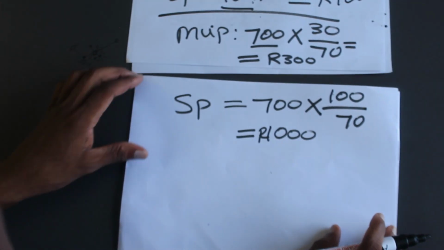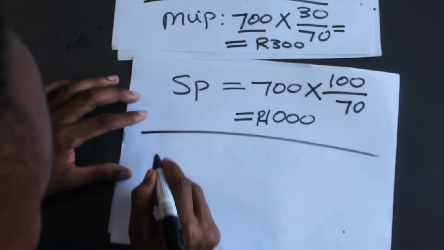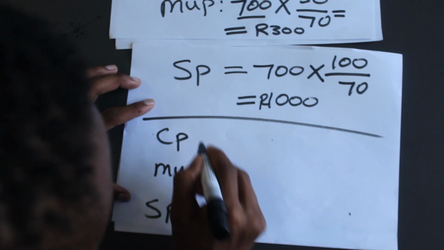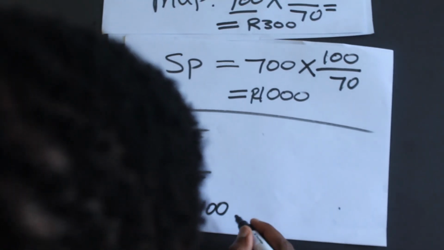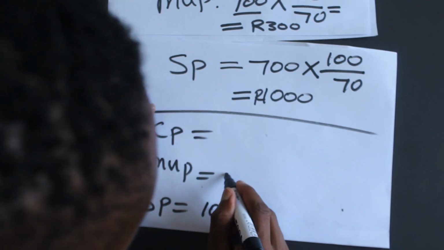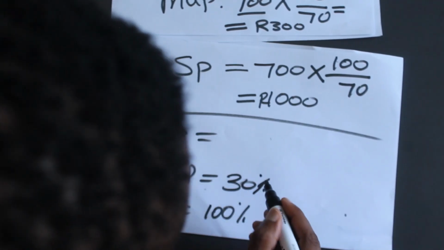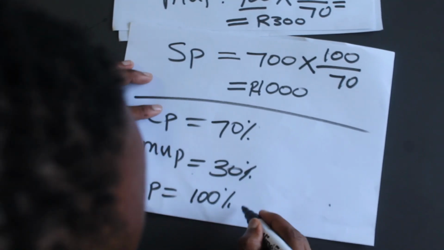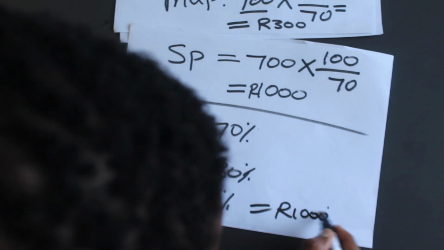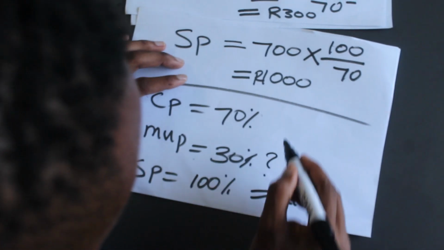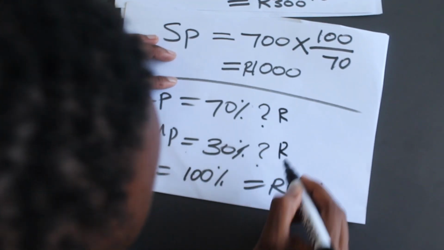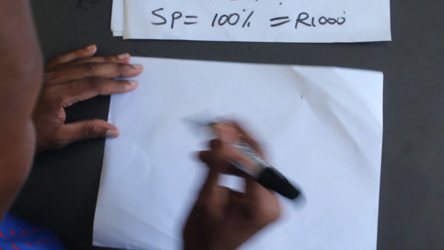Now we proceed. Let's assume that we have cost price, markup and selling price. We know that our markup is on selling price, so the selling price is 100, our markup is 30%, and our cost price is 70%. Now let's assume that we have 1,000 Rand of selling price, and we need to calculate markup and cost price in Rand value.